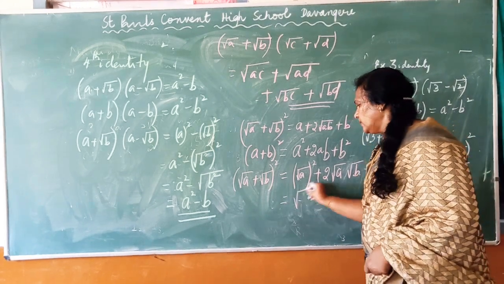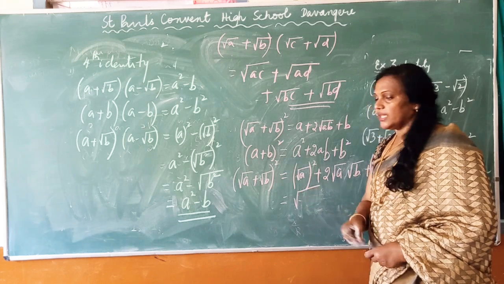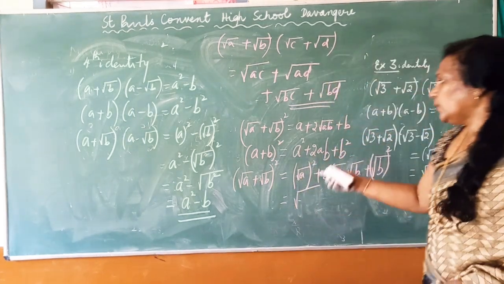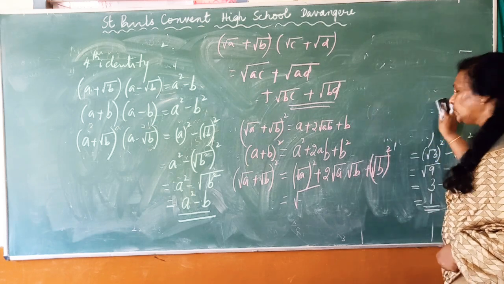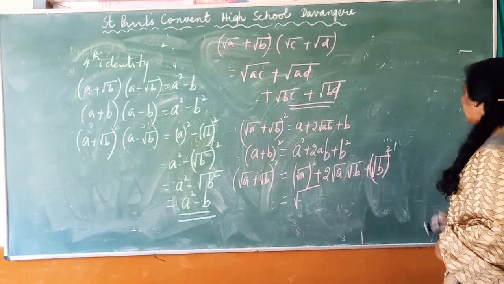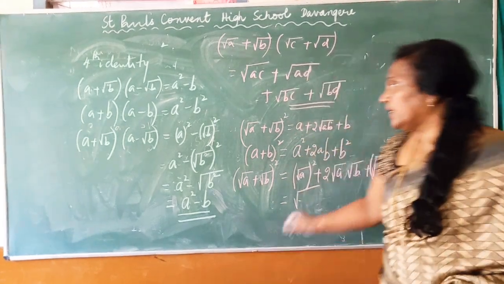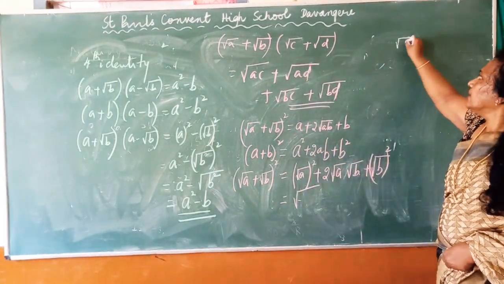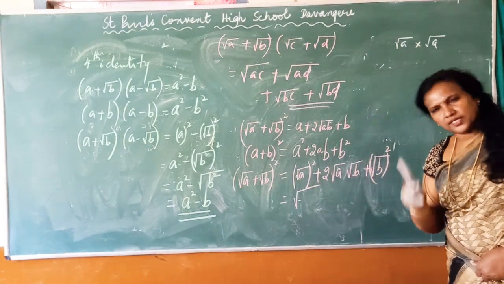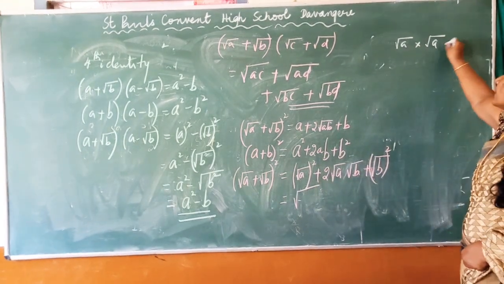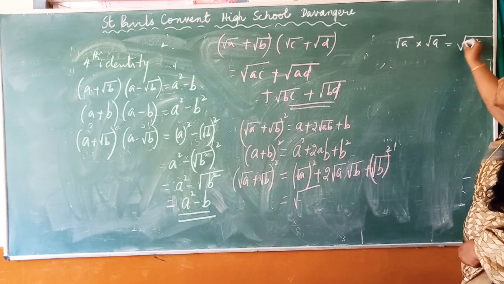This is equal to, root a you have to multiply twice. Root a whole square means twice you have to multiply. Root a into root a, the 2 and this root cancel.